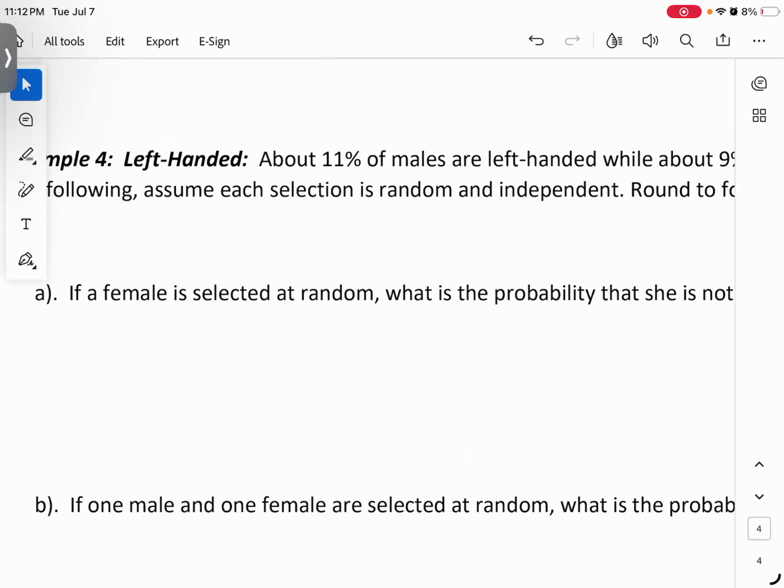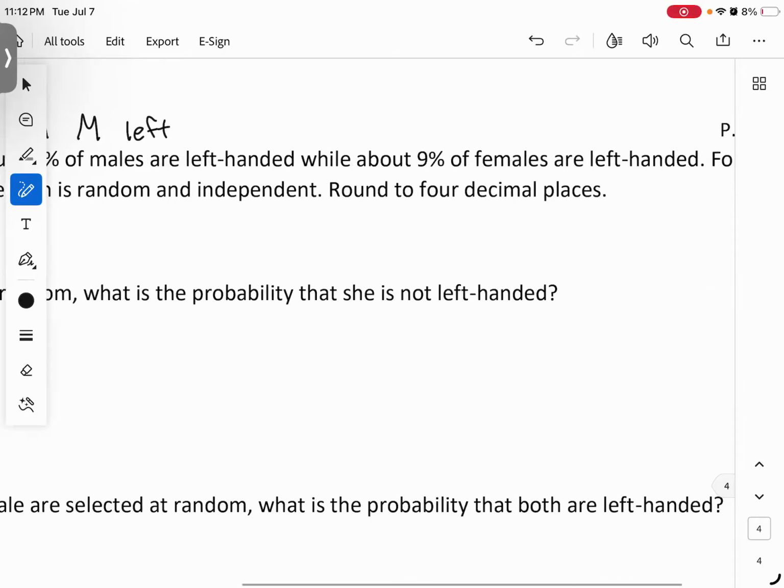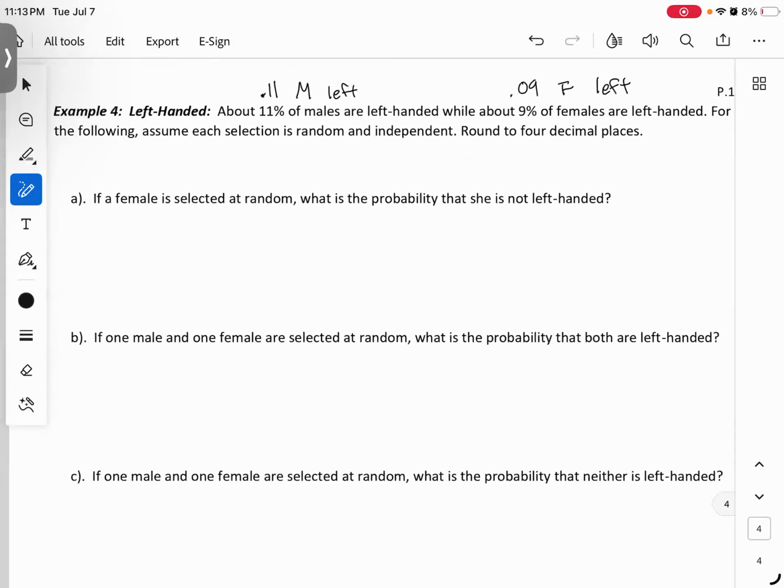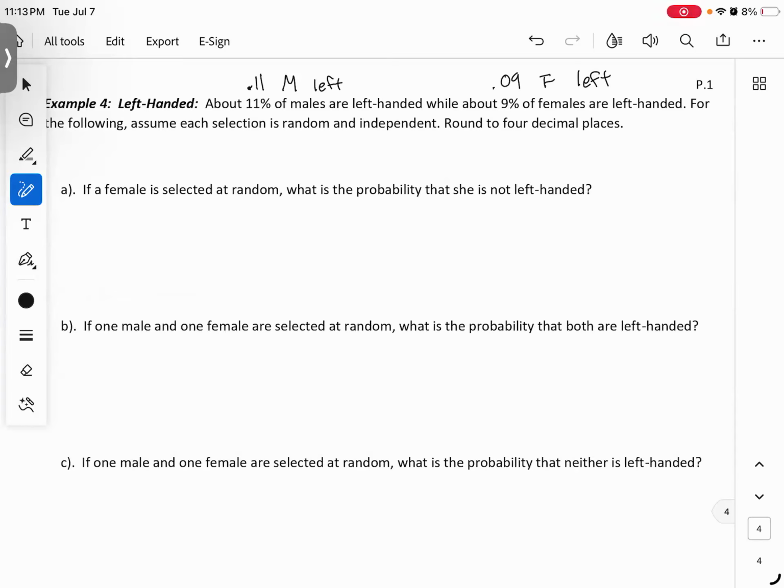They say that 11% of males are left-handed, and that 9% of females are left-handed, which would mean the rest of the males and the rest of the females are right-handed. And that's all that we're going to be doing here, working primarily with those two numbers.